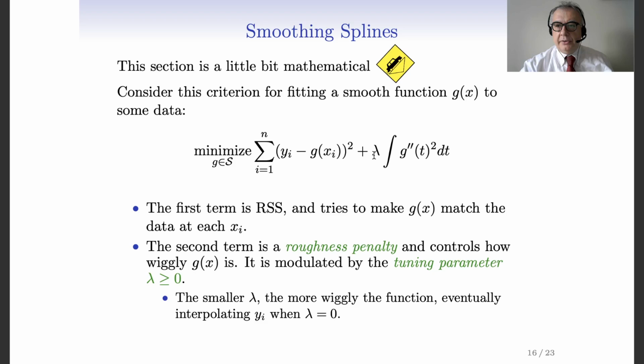For lambda tending to 0, you will eventually perfectly interpolate your data. While if you increase lambda, then g will become more and more regular, and in the end, if lambda is really very large, you should obtain a function g whose second derivative tends to 0.